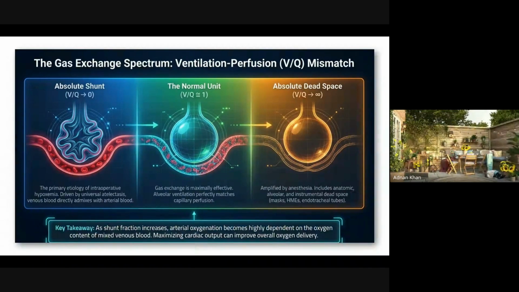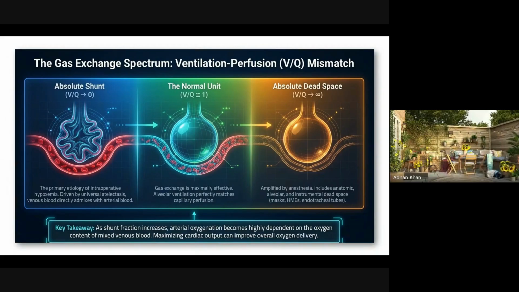In the center, you can see the normal unit where ventilation and perfusion are perfectly matched and there is no mismatch. But on the third slide, on the right side, is the absolute dead space, where ventilation is present, but perfusion is absent or markedly reduced.